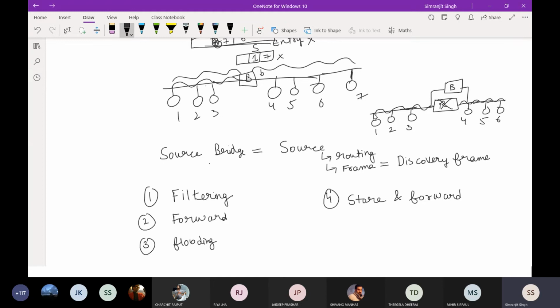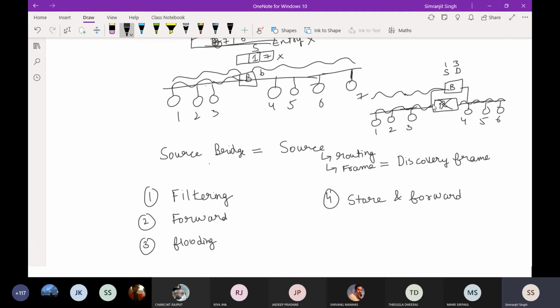Now when this message goes from 1 to 3, station 3 will recognize that the message is meant for it, and it will start reading the content of the message, but it will also go towards the bridge. The bridge will see that the source MAC is 1 and the destination MAC is 3.